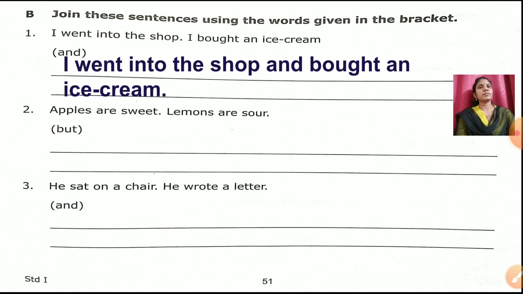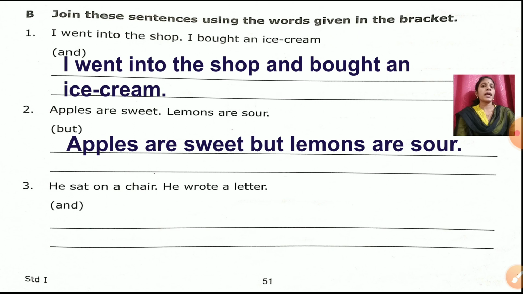Now the next one. Apples are sweet. And the next sentence is lemons are sour. We are going to join these two sentences with the help of "but". Apples are sweet but lemons are sour, because here you can see opposite ideas, sweet and sour.